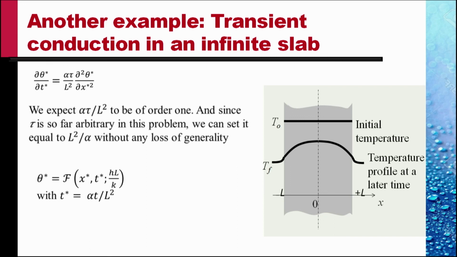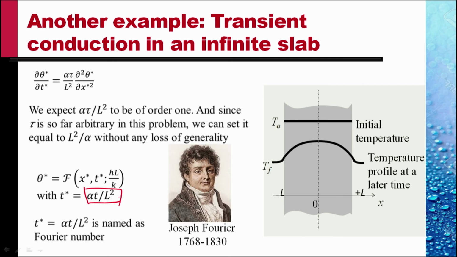This is really a variable, but is one of the few non-dimensional groups that is given a name. This is named the Fourier number and abbreviated as Fo, capital F and O, after the famous scientist Joseph Fourier, who derived the equation that governs conduction.